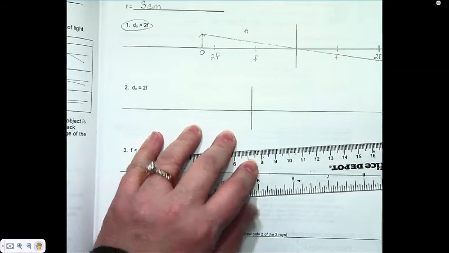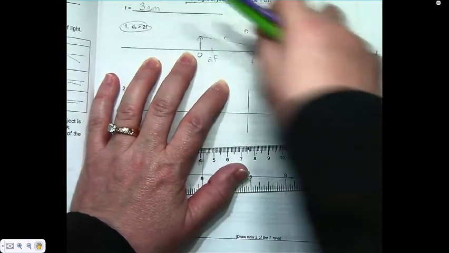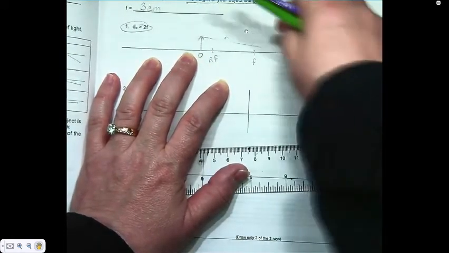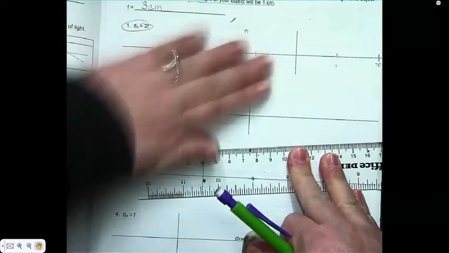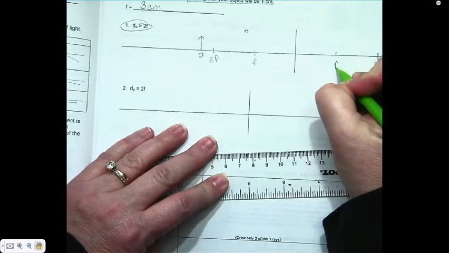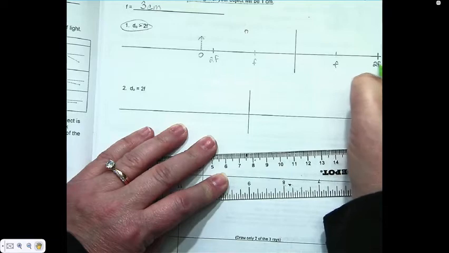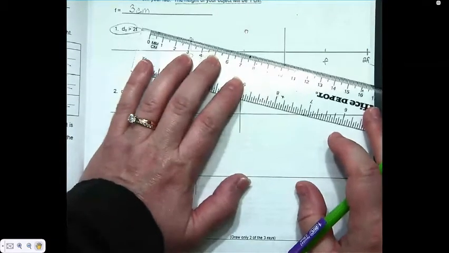So my OCD, this is why I draw it first, so that I don't have to erase other lines, but my OCD is not going to allow me to have that error. If I do it again and I still get some error, I'm just going to roll with it and hope that my error isn't greater than 10%.